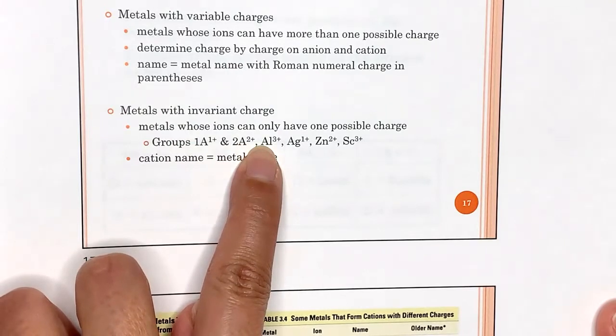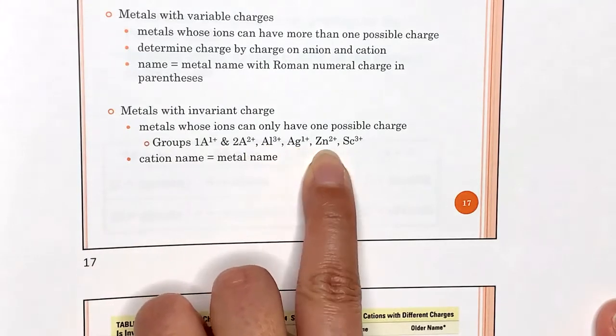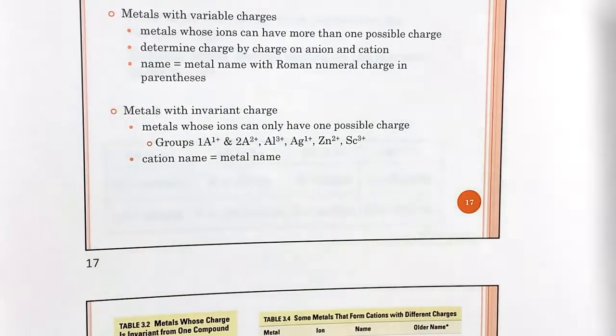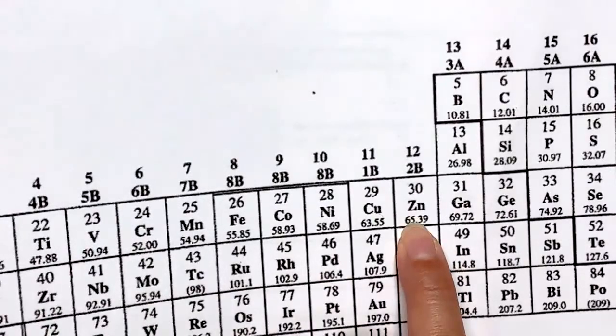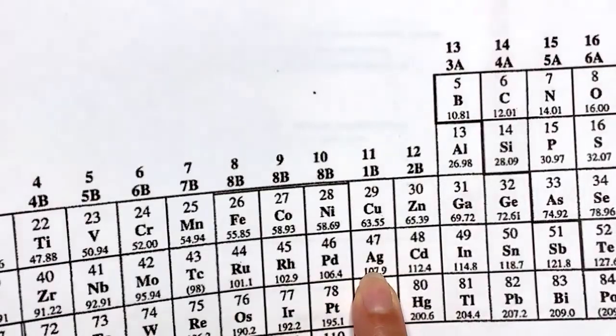Aluminum is always 3 plus. Now we got 3 extra here that you can memorize. Silver is +1, zinc is +2, scandium is +3. So I'll show you. Scandium is right here, okay? That's +3. Zinc is right here, that's +2. And then silver is +1, okay?